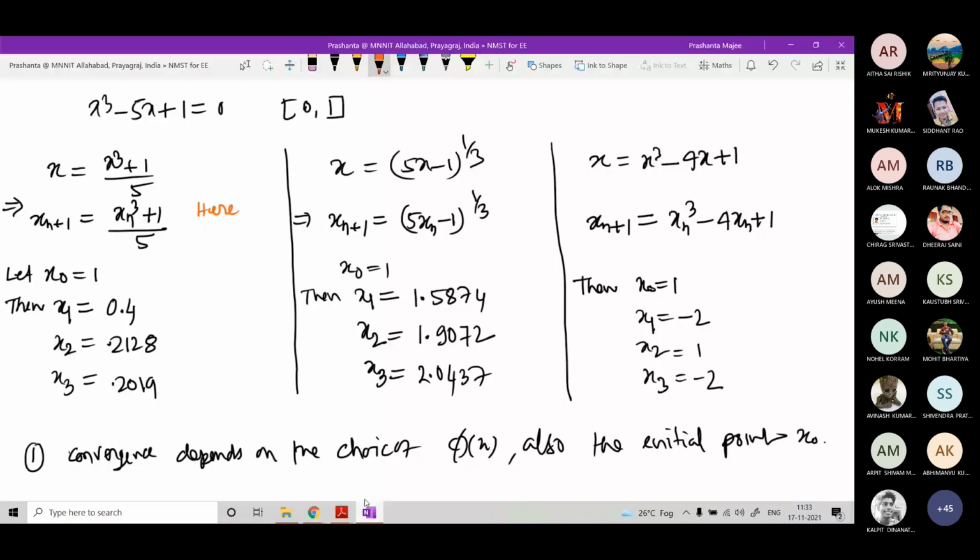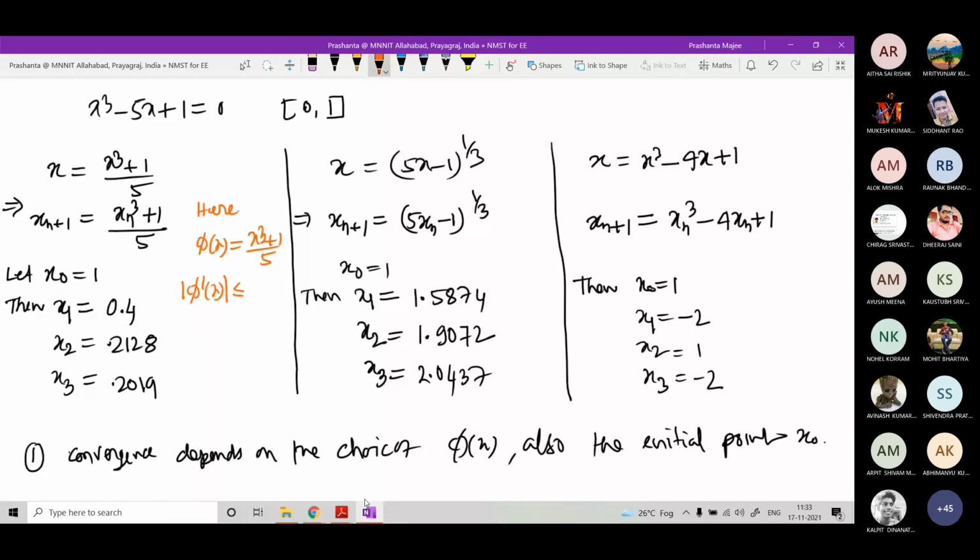Okay, so what is phi dash x? 3x squared. Phi dash x, the maximum value of this is less than or equal to, tell me, 3 in the interval 0 comma 1.